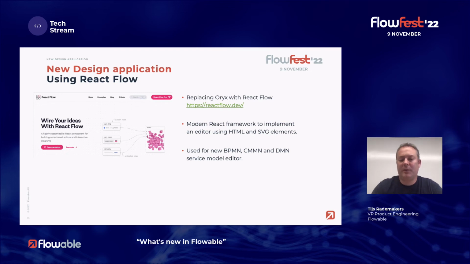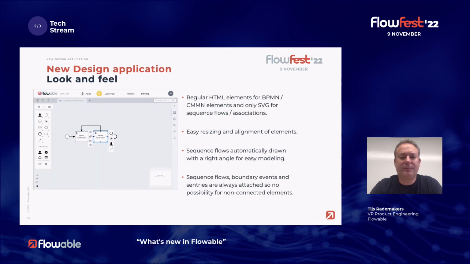It has the basic implementations for the connection, so you can connect elements together, which is really important for our sequence flows and associations in CMMN, for example. So this is the framework that we are using for our new BPMN, CMMN, and the DMN service model editors. And we are really happy with that new framework and the choice we made there.